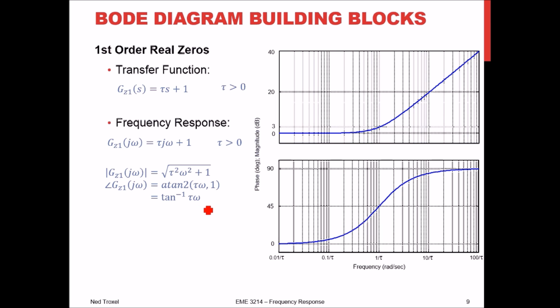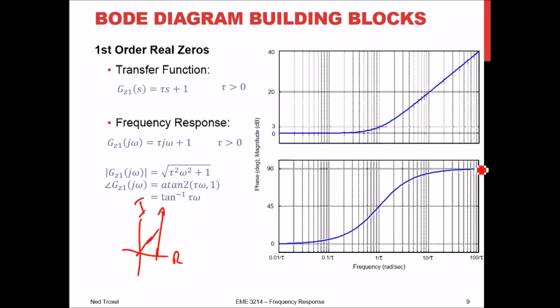And taking the angle, you can imagine, we've plotted this before, the real versus the imaginary part, we have a constant real part of 1, and the imaginary part of j omega just goes straight up. And so you'll see this angle here starts at 0, and as omega increases, it goes to 90 degrees.